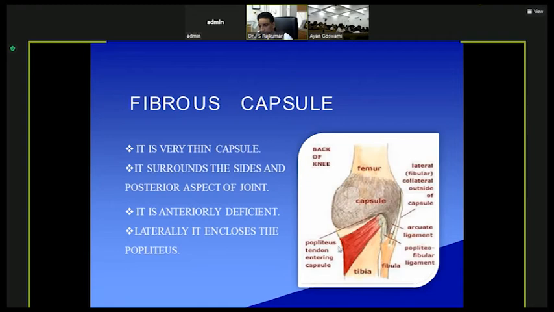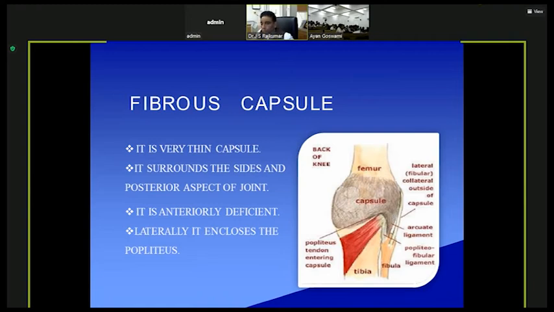Now this is the popliteus. The popliteus and the biceps femoris, which is a very, very powerful hamstring muscle that gets inserted in the lateral aspect here, are very, very important, as he mentioned earlier, in the locking and unlocking.